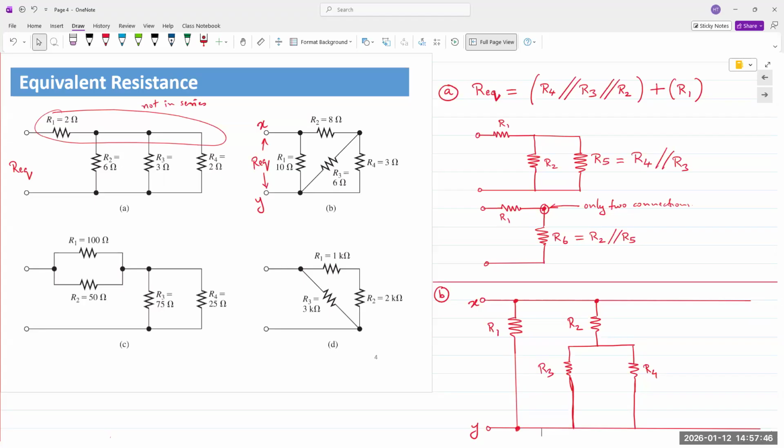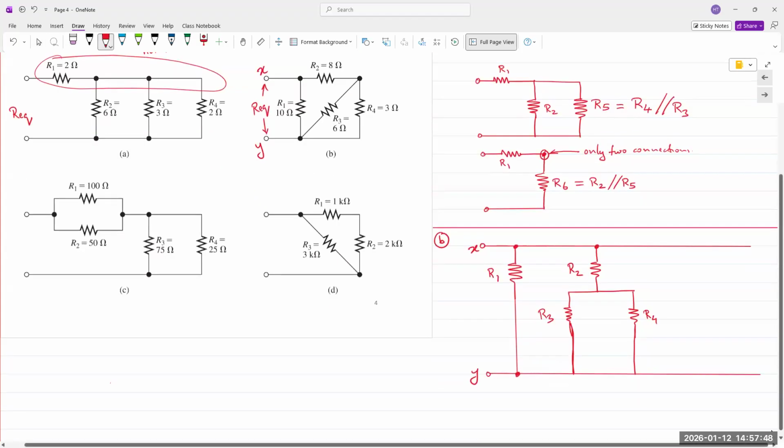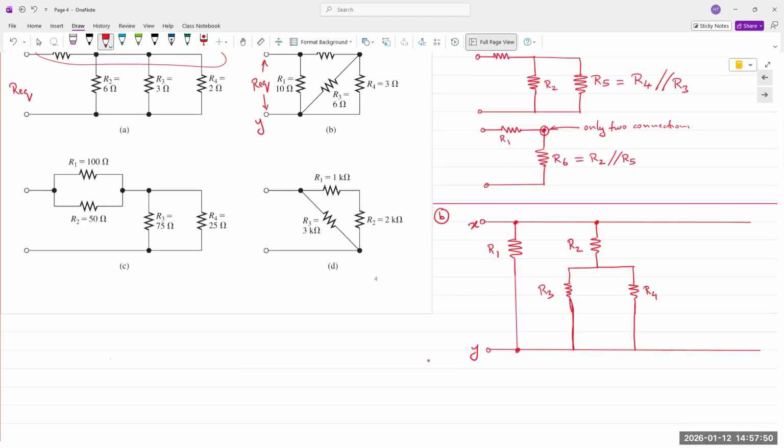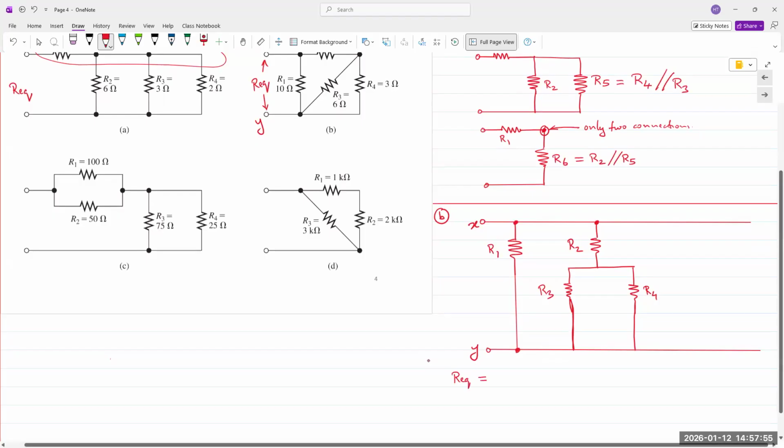So what's the answer here for REQ? REQ is measured between X and Y, and I can see that R1 is one branch of the circuit, and it's parallel with the other branch of the circuit. And in that branch, I have, well, let's start with R3 and R4 in parallel first.